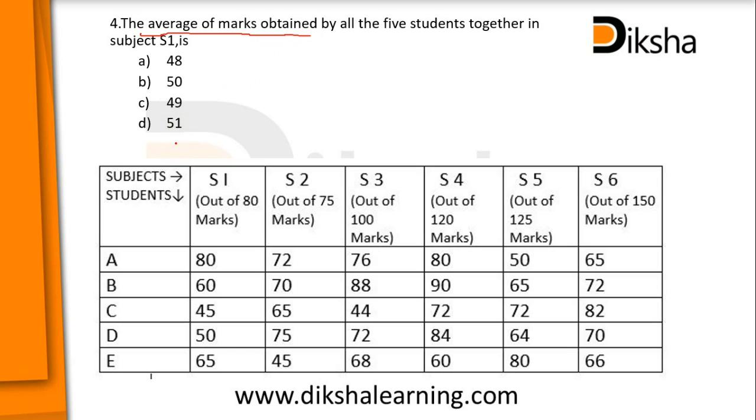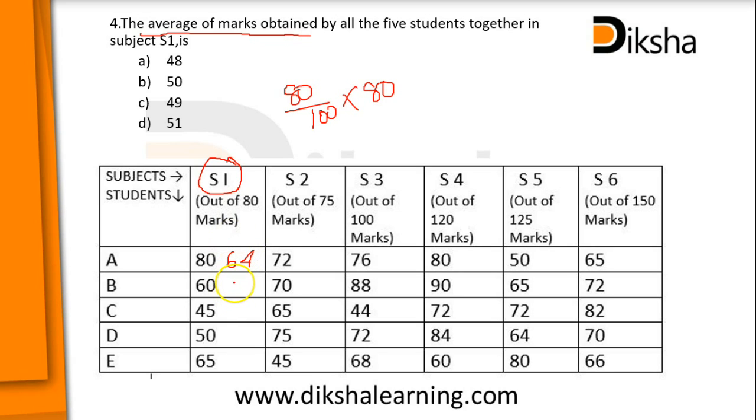And they have asked regarding the subject S1. So we will be finding marks of different students in subject S1. So this is subject S1. So 80 percentage, we will be finding 80 percentage of 80. You get it as 80 by 100 into 80. So 64.